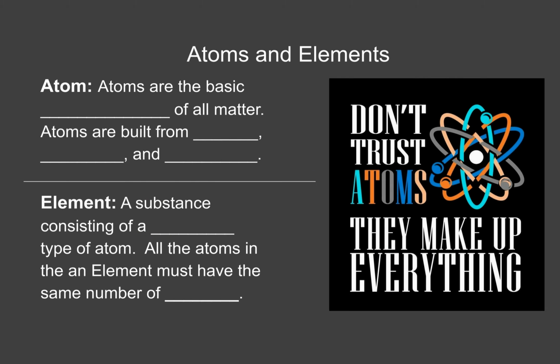We'll start by looking at the definitions of atoms and elements. So an atom is the basic building block of all matter. So anything that we know of in the universe that has matter or has mass is made of 118 known atoms.